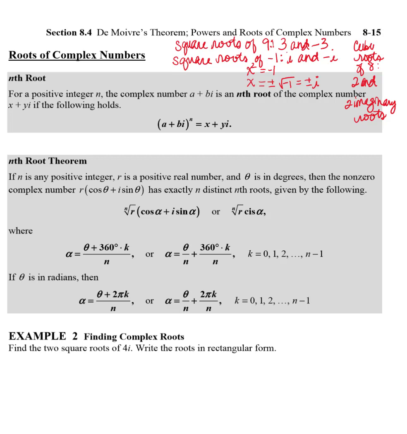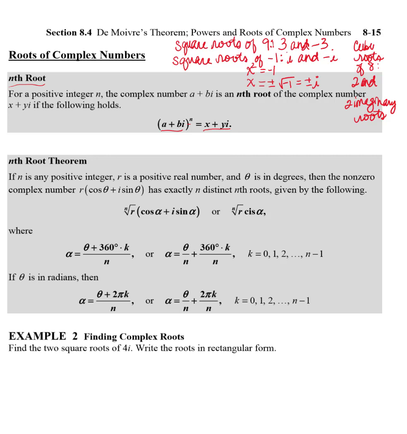When we're finding nth roots, we're going to find out that there are nth roots of any complex number. The nth root for a positive integer n, the complex number a plus bi, is the nth root of a complex number if the following holds. You take some number to the nth power and you get another complex number. If we take 2 and cube that, we get 2 cubed. But there are 2 other imaginary roots that when you take them to the third power will also give you 8.